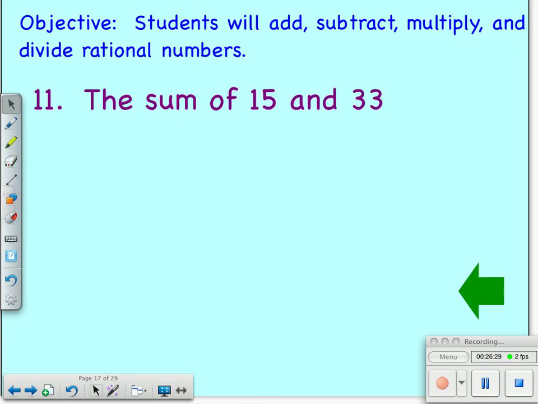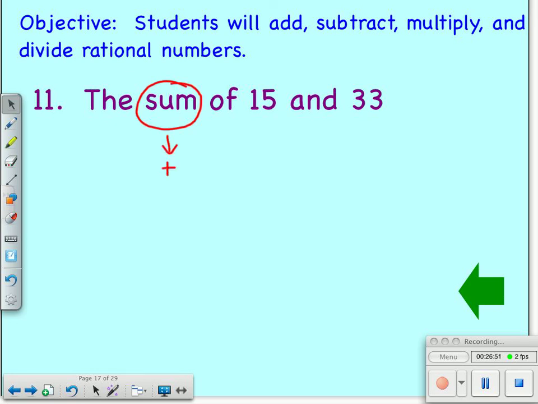Number 11. Now this changes a little here. They're going to tell us the words, and we are going to write a problem and give the value. So if you remember, what does sum mean? Sum is addition, right? So here's my special word, meaning addition.